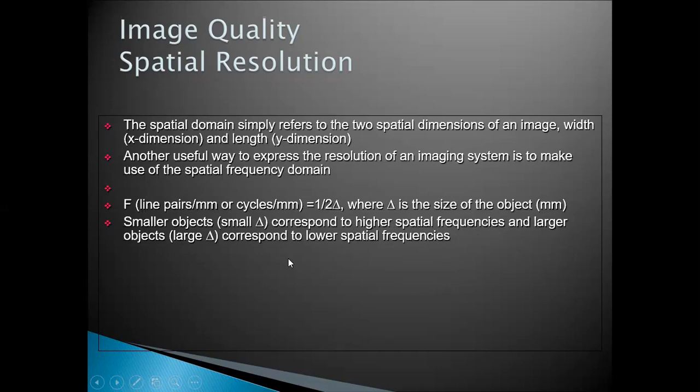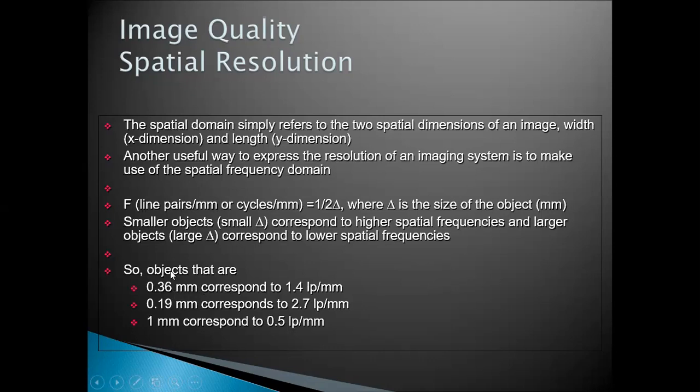For larger ones, a lower spatial frequency is enough to distinguish them very well. The smaller an object is, the higher the spatial resolution needed to distinguish it correctly from an adjacent structure. But the larger the object, the smaller the spatial resolution that is required.